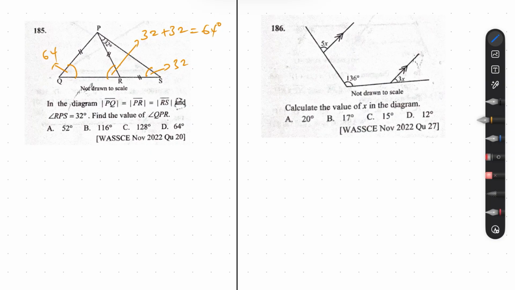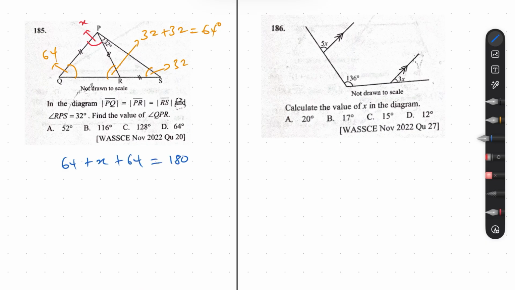Now we can easily find this angle right here. This is what you're looking for. It says to calculate the value of angle QPR. QPR is this angle. So assuming you call that angle X, then we'll say that 64 plus X plus 64 should give us 180.